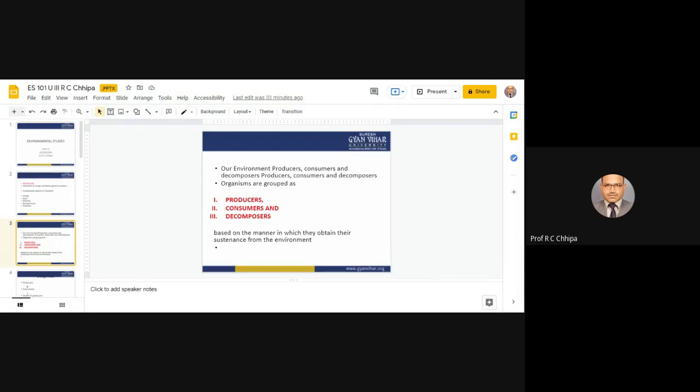All the life, either plants or animals, they have an age, a life span. For example, for human being, 100 years. This is the life span of human being. The life span of various plants, 4 months, 2 months. Then what happened? They died.